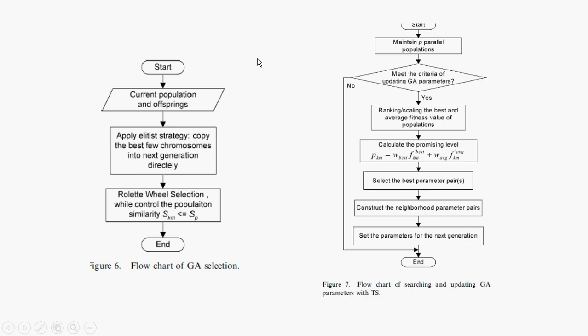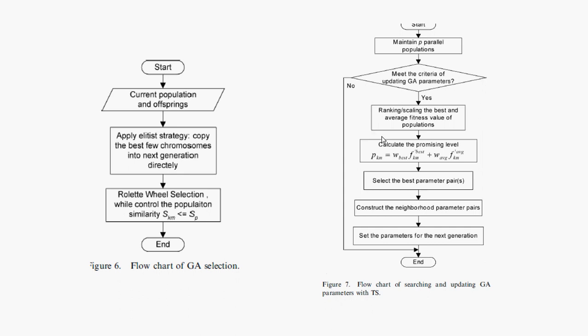The traditional GA algorithm goes like this, where the mutation rates and crossover rates remain constant in all the iterations. But in this case, they have taken a hybrid approach where the tabu search algorithm has been used to update the crossover and mutation rates after each iteration.